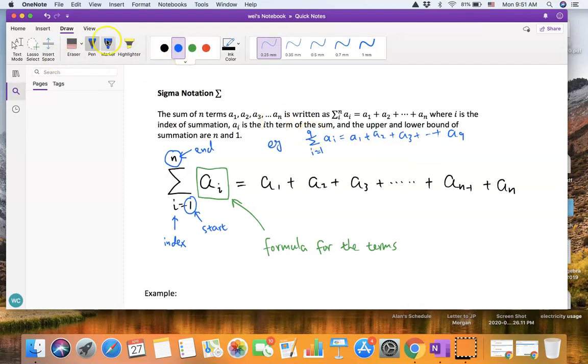Now, if we have i equals 3 to 9, then I know in this case the first term is not a1, the first term is a3, and the next one is a4, a5, a6, a7, a8, and a9. So this is the information the index, the start value and the end value tell us.